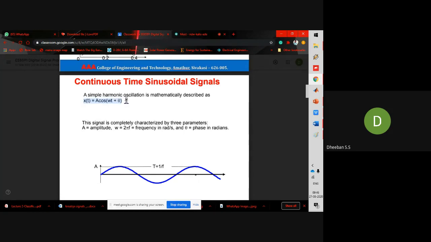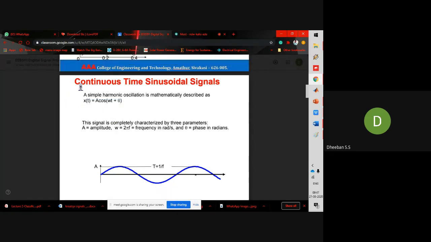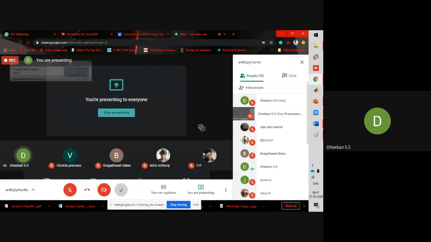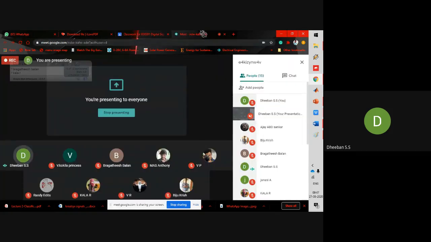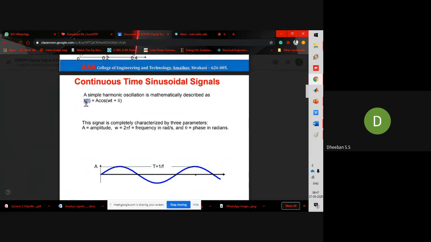So what can we infer from this equation? Can anybody say, either in the chat box or by unmuting, what we can infer from this equation? x of t is a function of cos(omega t plus theta).